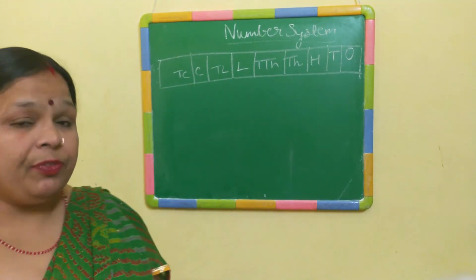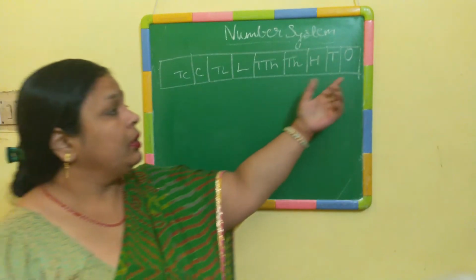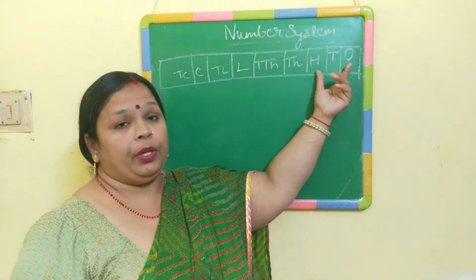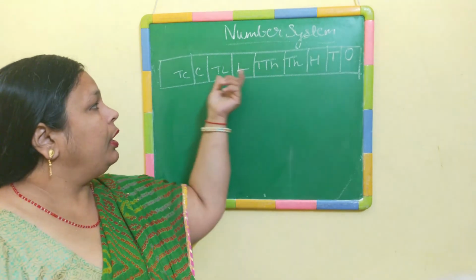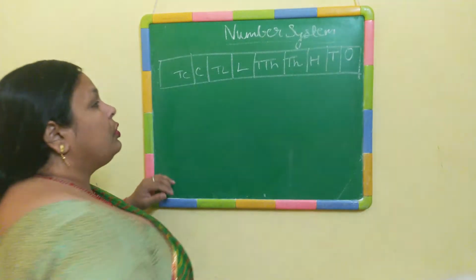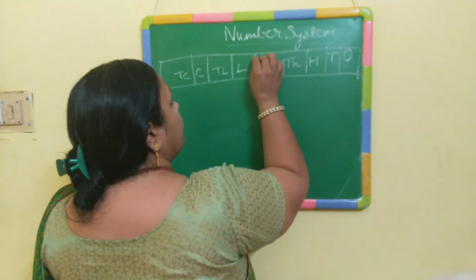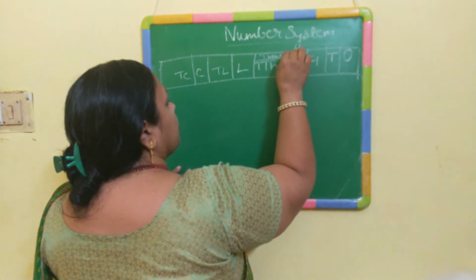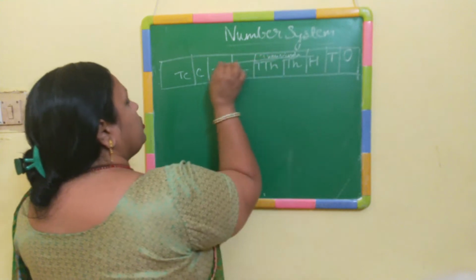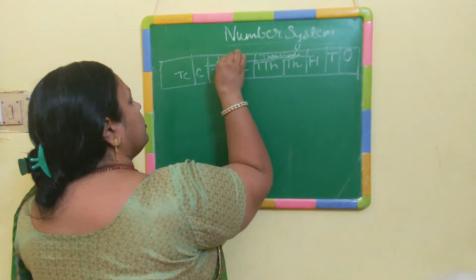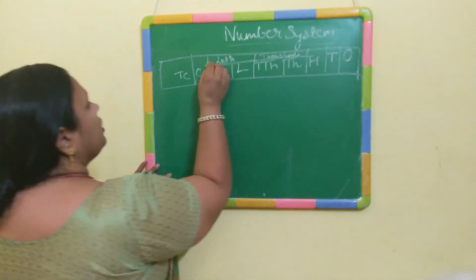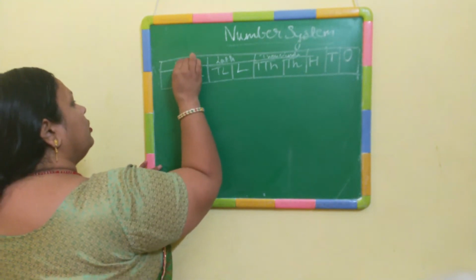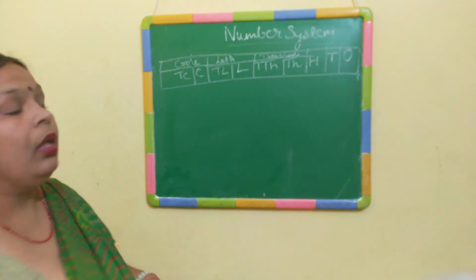As I said in the classification, it starts from the right side with the first 3, then 2 and then 2 and then 2. This together is called thousands. This is for lakhs. This pair is for crores.